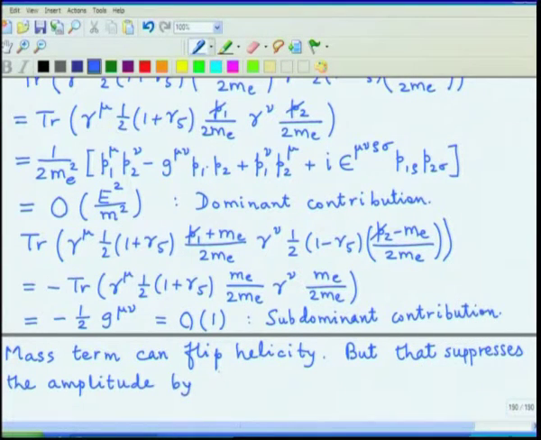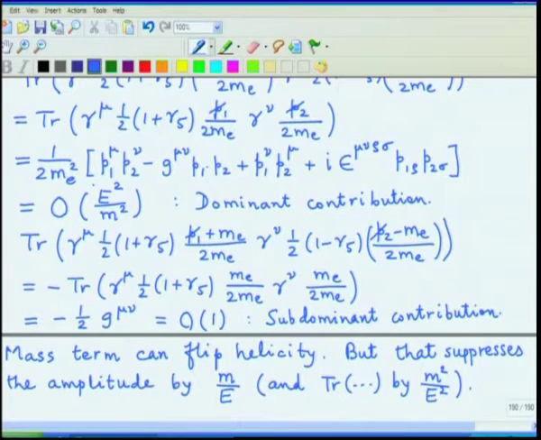amplitude by a factor of m over E, and the square of the amplitude, whichever is in part of this trace, gets suppressed actually by m square over E square.